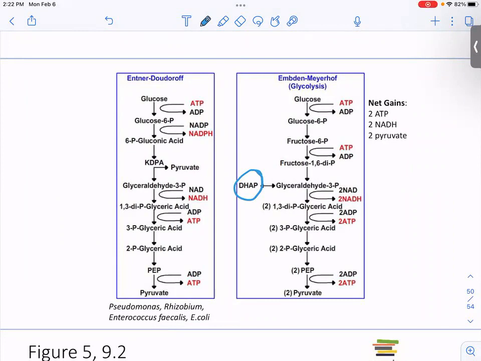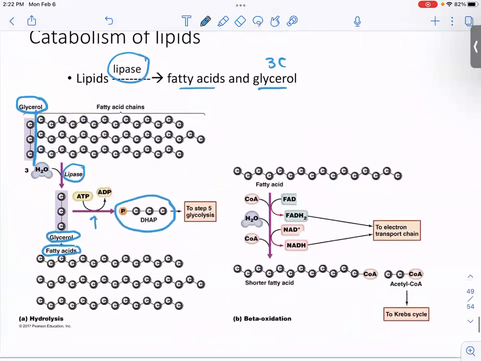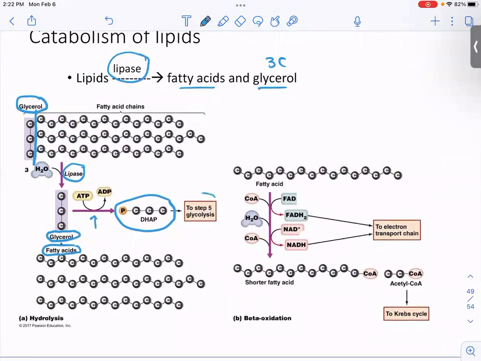And I talked about how that's not a symmetric molecule, that usually that dihydroxyacetone phosphate gets converted into glyceraldehyde 3-phosphate. So that's where that enters into glycolysis. So we get quite a bit of ATP, quite a bit of electrons just from that 3-carbon glycerol.